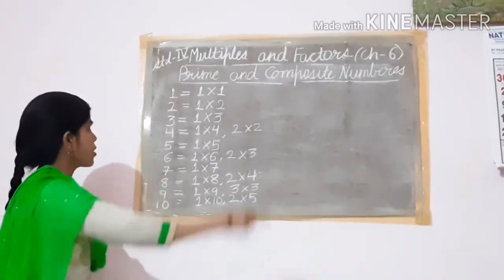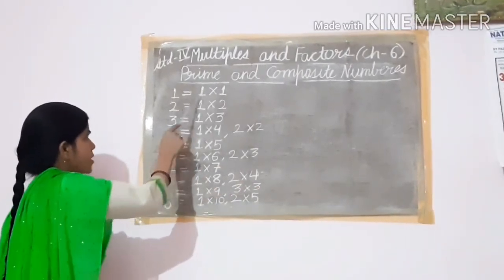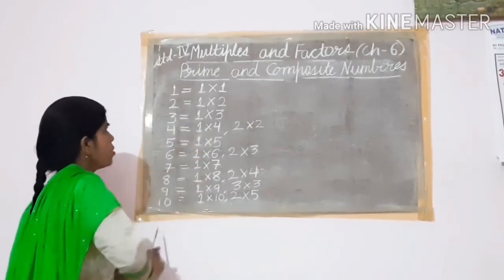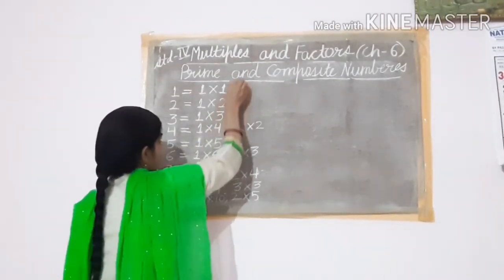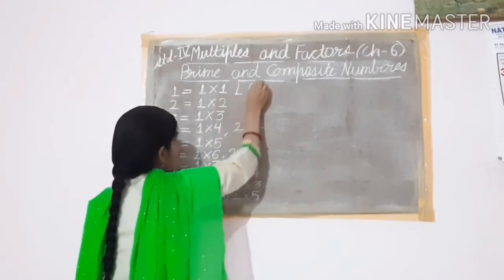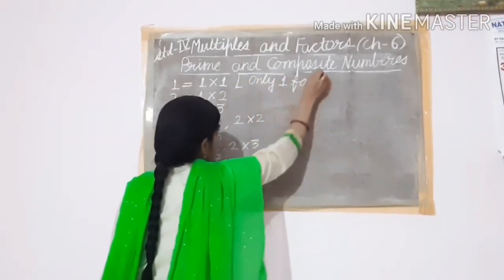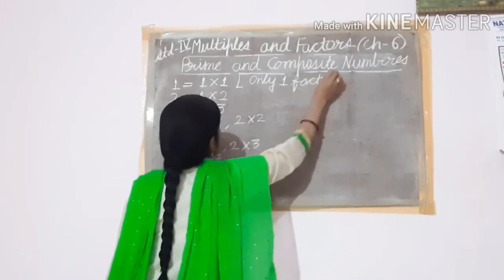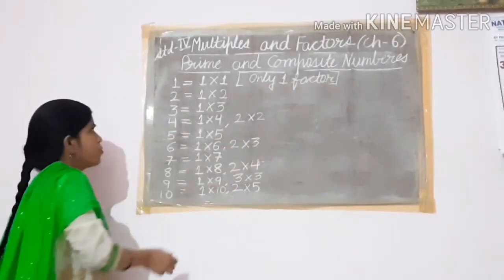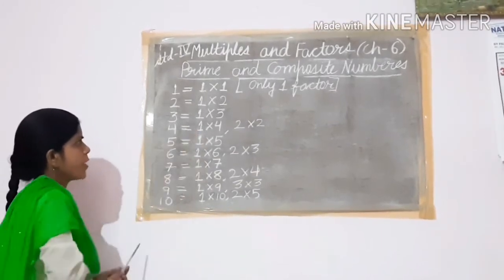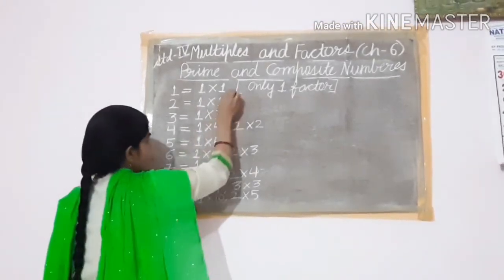Let us see. Factor of 1 is 1. 1 ones are 1. So, how many factors does 1 have? 1 has only 1 factor. Now, 2. 1 twos are 2. So, how many factors are here? 2 factors.